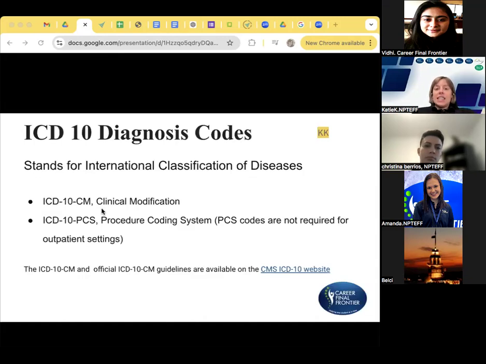Now for ICD-10 diagnosis codes, these are all going to be specifically for HIPAA and covered entities, okay? So this is just the standards for the International Classification of Diseases. For PT, we pretty much just live under the clinical modification codes and the procedural coding, okay?